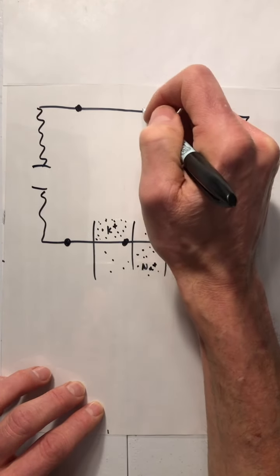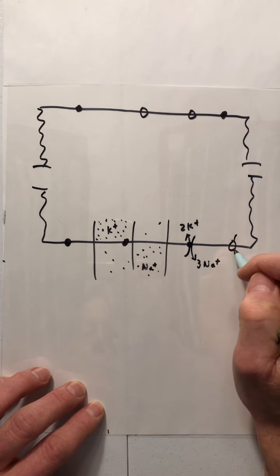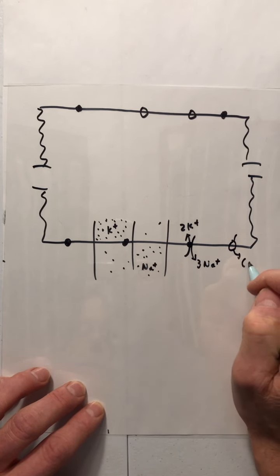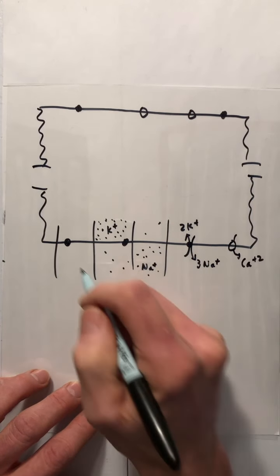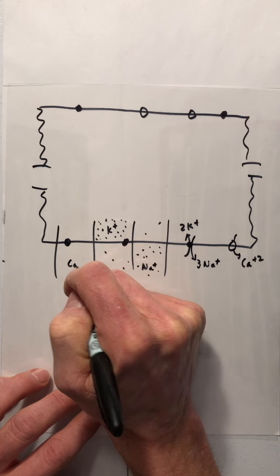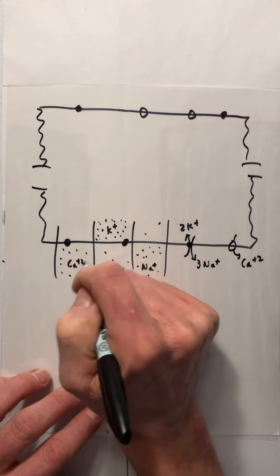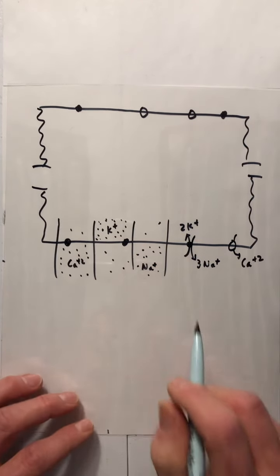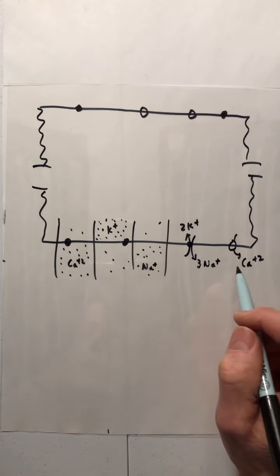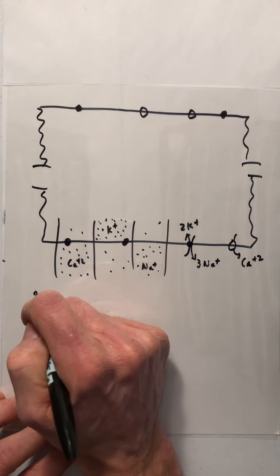Again, I'll draw them as open black circles, like so, and they are pumping calcium ions out of the cell, and as a result of those pumps, we have a concentration gradient for calcium, whereby calcium ions are more concentrated outside cells than inside cells. So we have the necessary concentration gradients having been built up already by active transport. These are sodium-potassium ATPase pumps and calcium ATPase pumps.